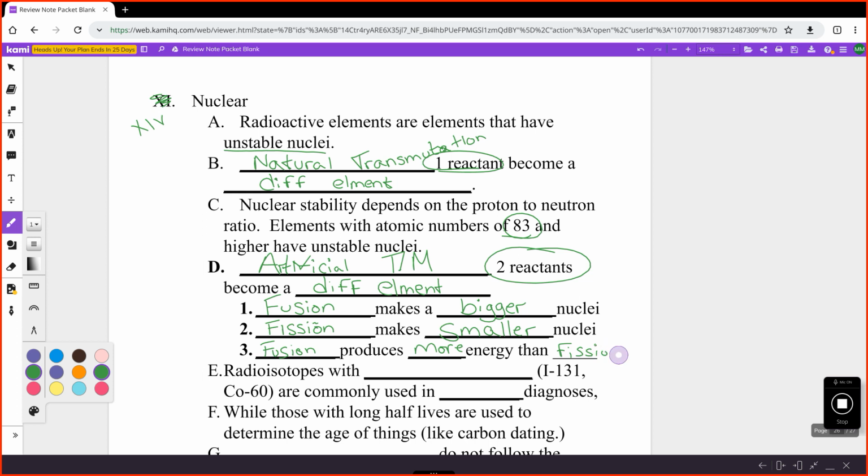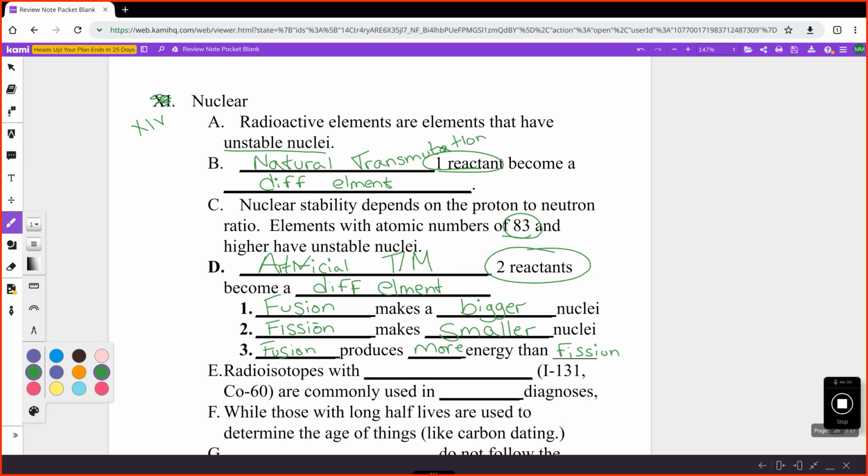The sun is the biggest ball of fusion that we have. Constantly, hydrogens are smashing and making heliums. Heliums and hydrogens are smashing and making lithiums. This whole process is what gives the sun all the energy that it outputs. All that heat and radiation coming out of the sun is a product of a fusion reaction.